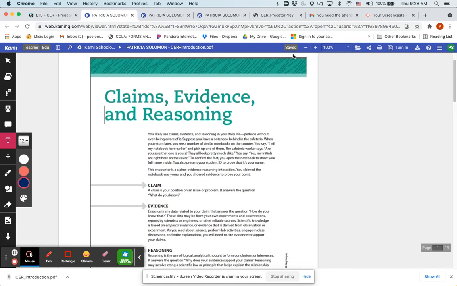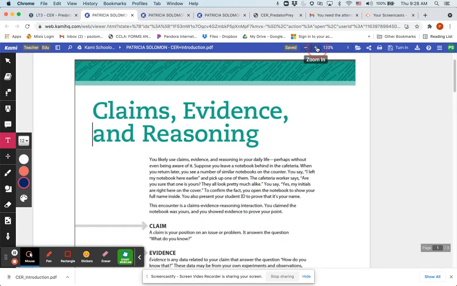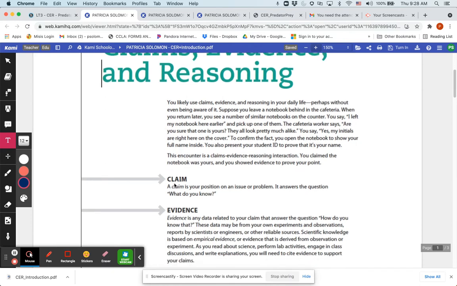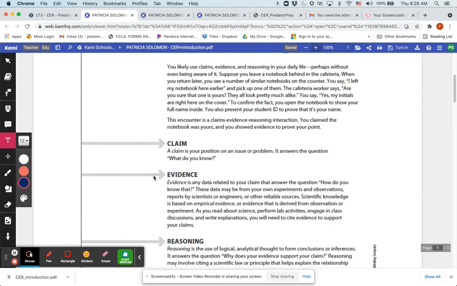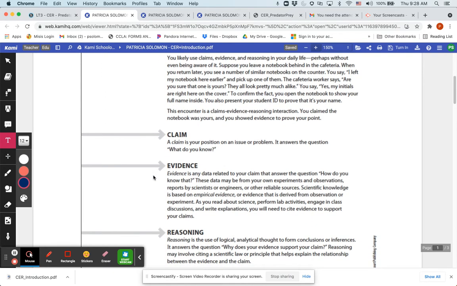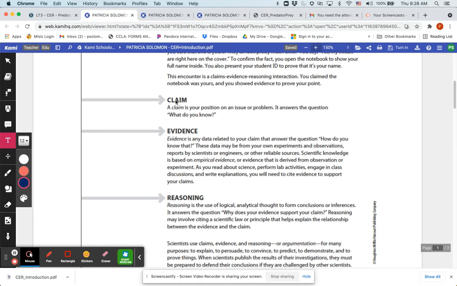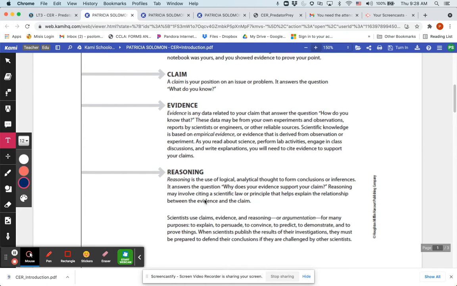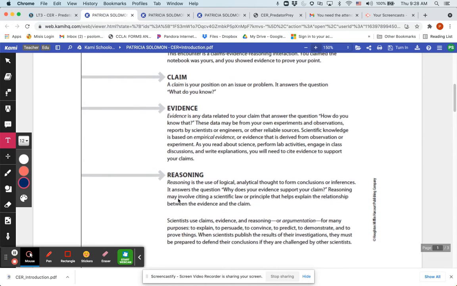So now what you can see is that this is actually just an introduction that will explain to you what a CER is. A CER is a claim, an evidence, and a reasoning. And basically what that becomes when you write these three things is an explanatory paragraph.